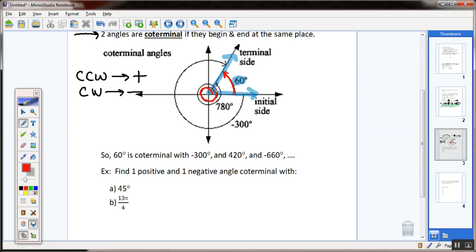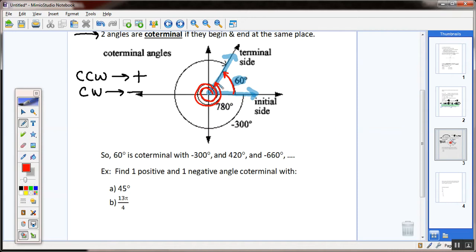And if I go another 360 degrees on top of 420, where are you at? 780. Basically, to get a coterminal angle, you keep adding a whole revolution to what you had originally. When you're talking degrees, you always add 360 degrees.